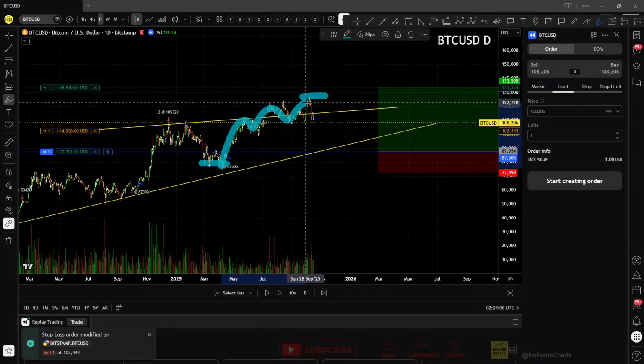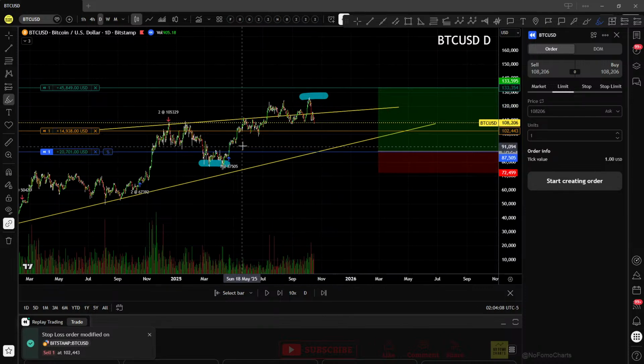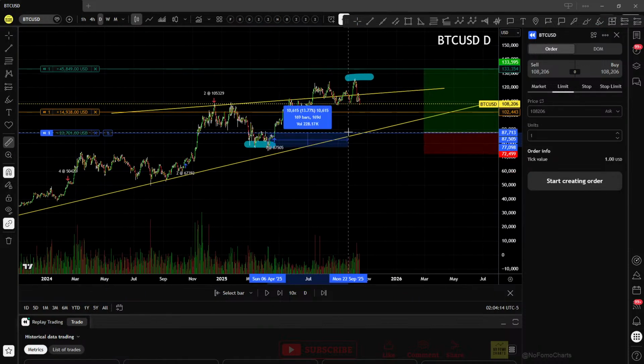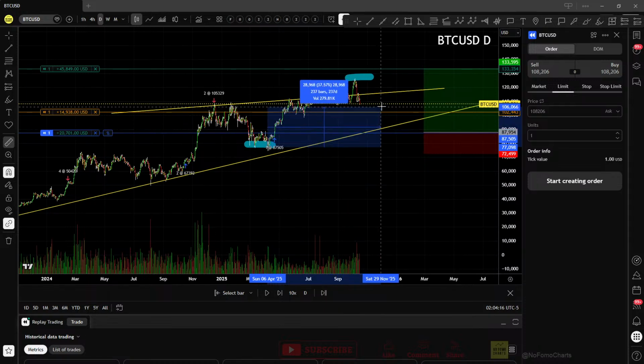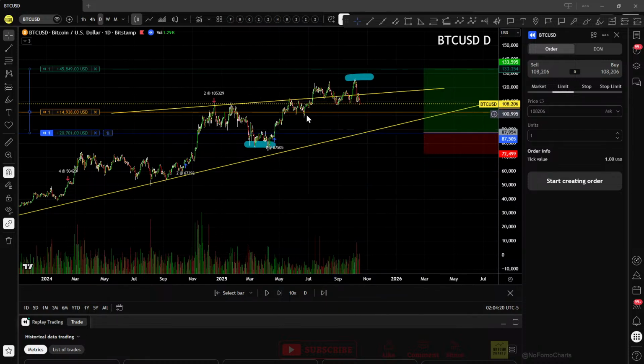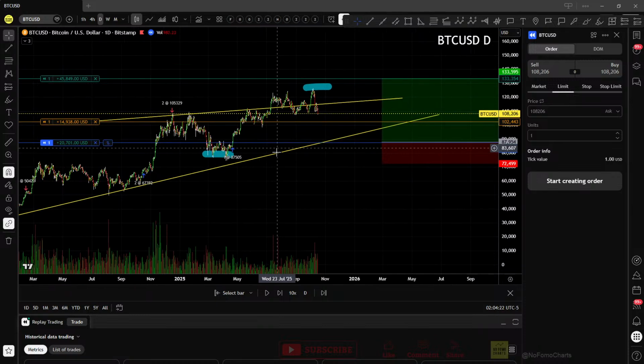If it already went in my direction, and I had a trailing stop loss of, say, 10%, let's use the ruler. 10%. This pullback right here would have stopped me out on a trailing. So this is a case where having a regular stop loss actually worked.